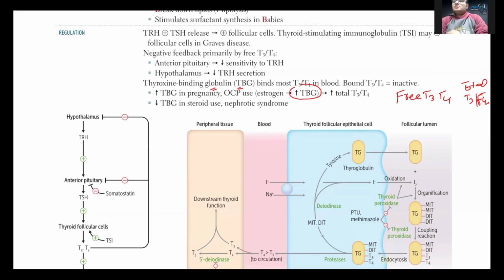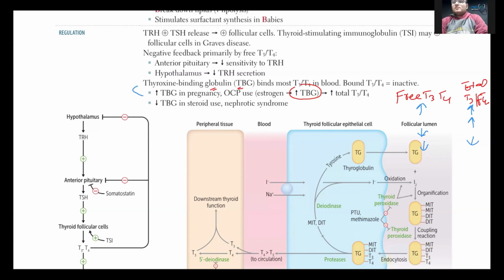Now, what will be the change in T3, T4 in this case? They will give you options like free T3, T4 increase and total T3, T4 increase; a second option, free T3, T4 decrease and total T3, T4 increase; and another, decrease and decrease. So which is the right answer?